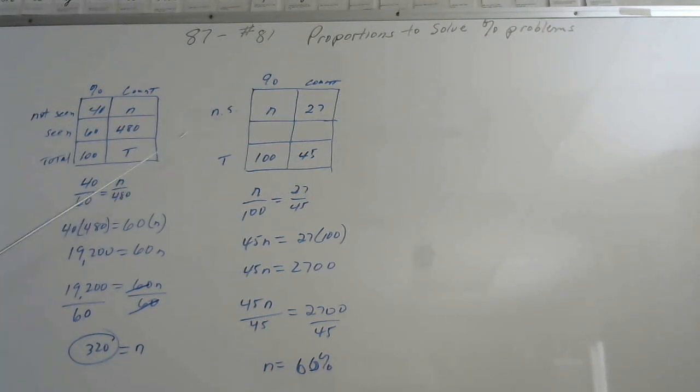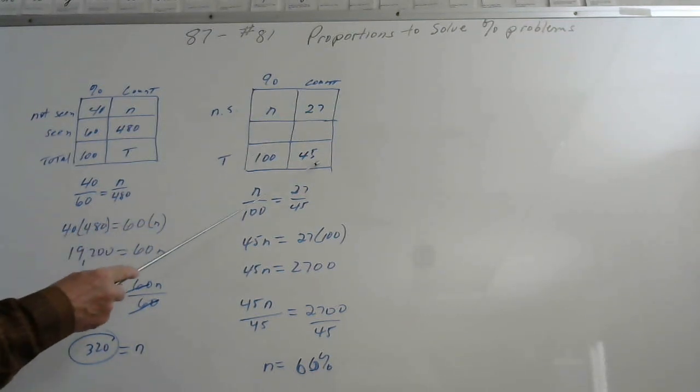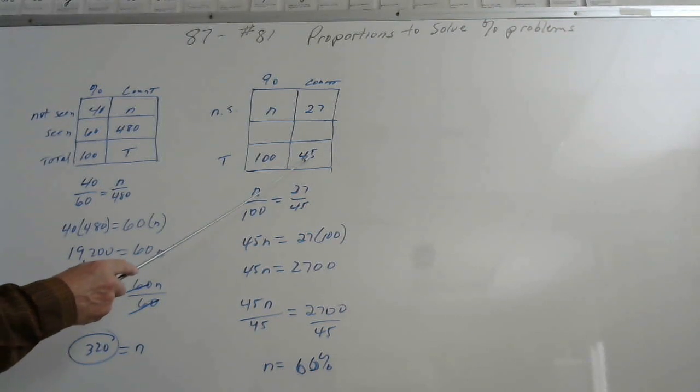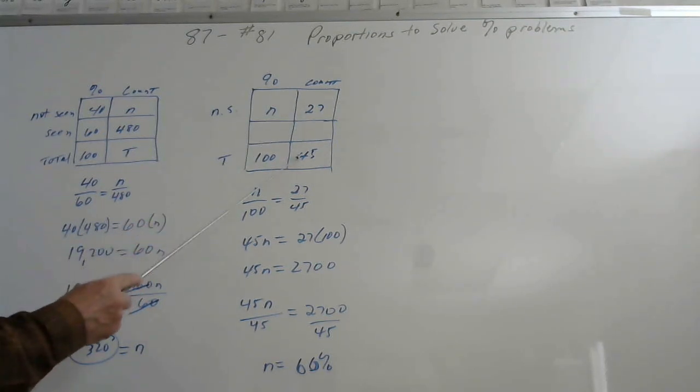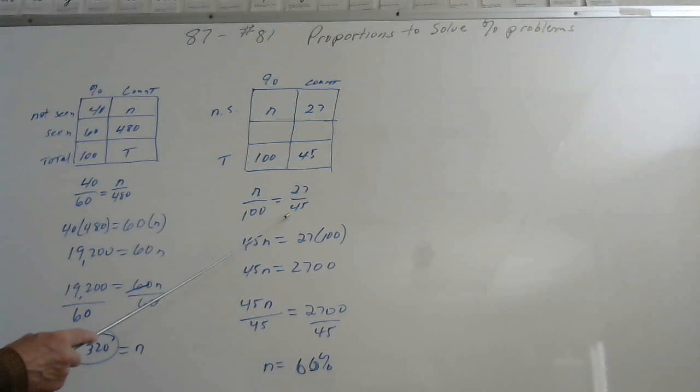This is example 2. And it states that 27 of the 45 total worked in the toy factory for the night shift. What percent of these elves worked in the night shift? So I've got these two numbers over each other, 27 over 45, and n over 100.